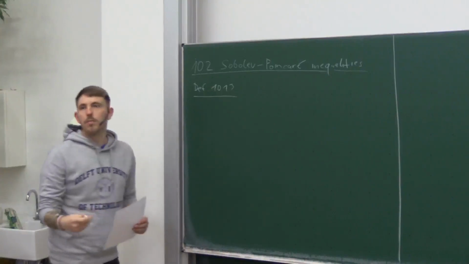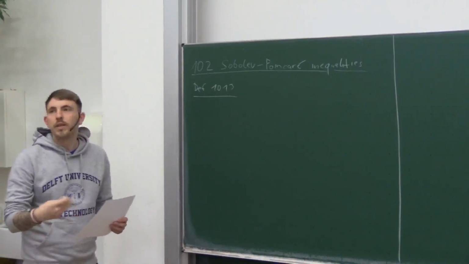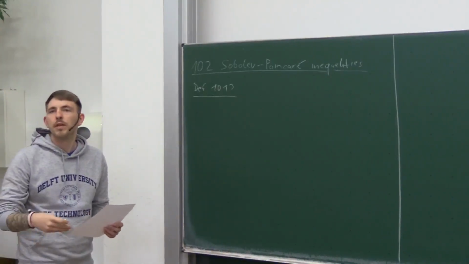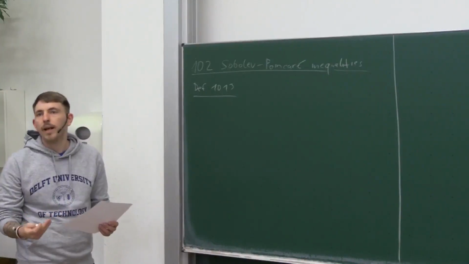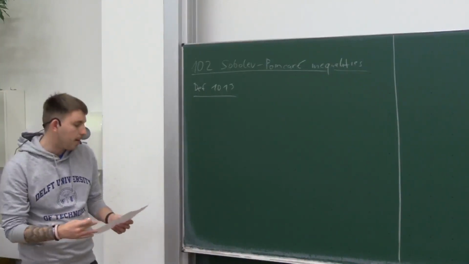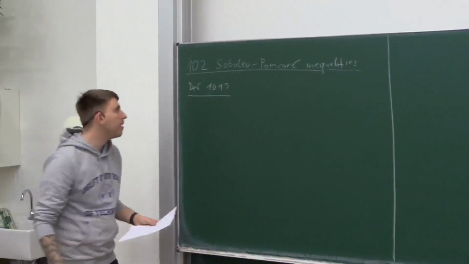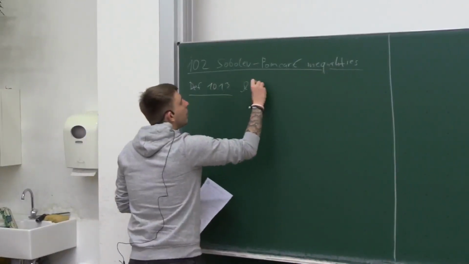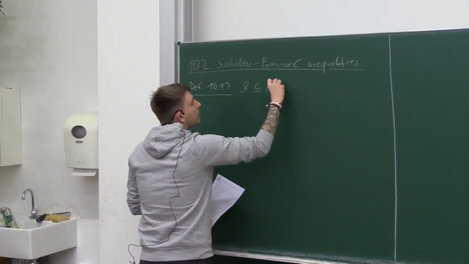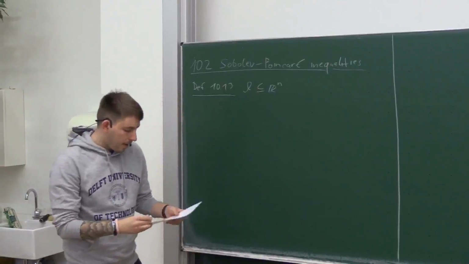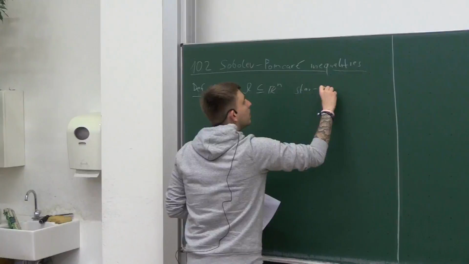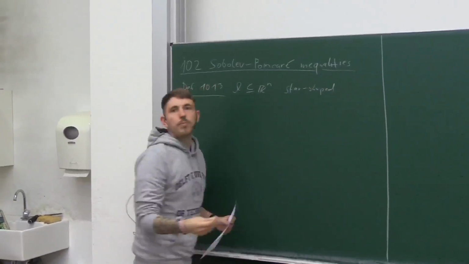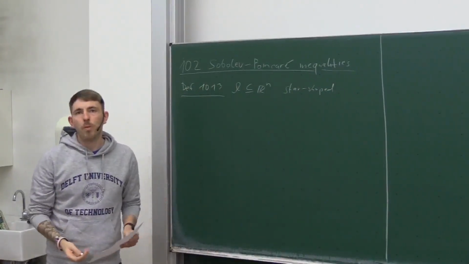Here we will introduce some geometric concepts that we will need to specify in which domain constellations we might get such results. So what do we have here? We have omega, some subset of Rn, and we say that it is star-shaped. Star-shaped you maybe know from your complex analysis class.